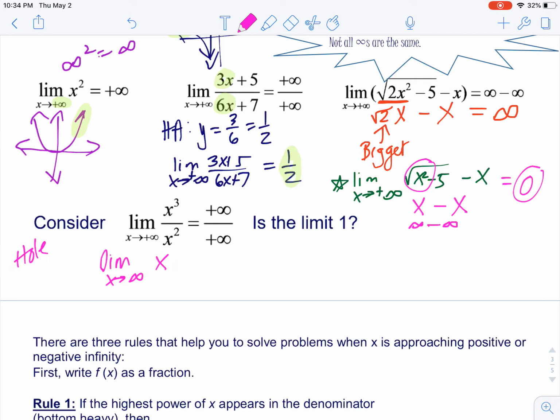I know there's going to be a hole at x equals 0 because those x's canceled out. My end behavior, this is a line. It's an odd function too, so we know it starts down, ends up. It's a line with a hole in it. So if I'm going to infinity, my answer to this is going to be infinity.